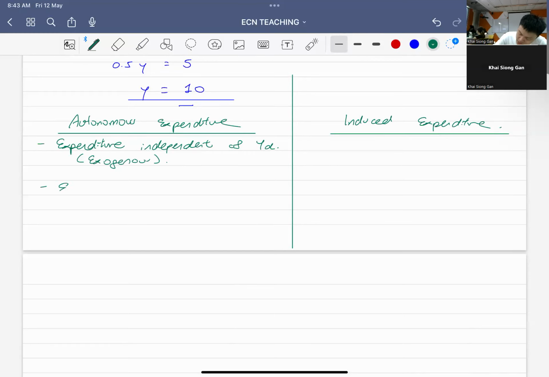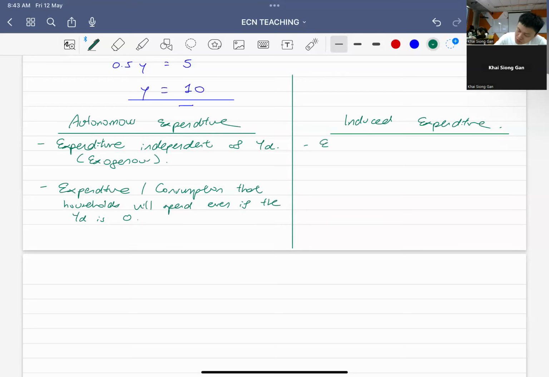That means this is the expenditure or consumption that households will spend even if the income is 0. Okay, that's called autonomous expenditure. Those are expenses you pay although you earn nothing.